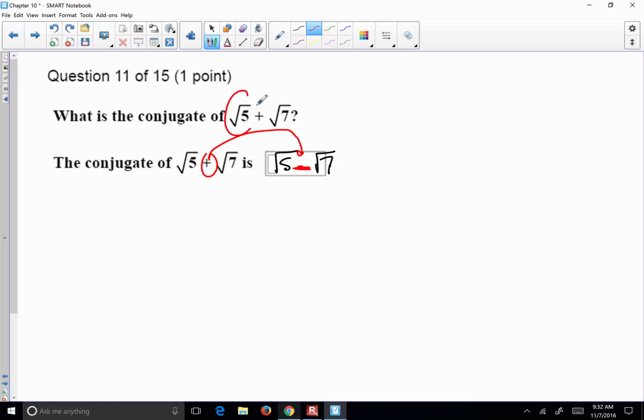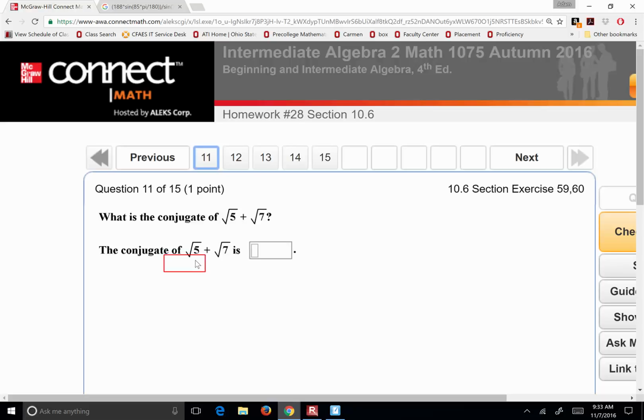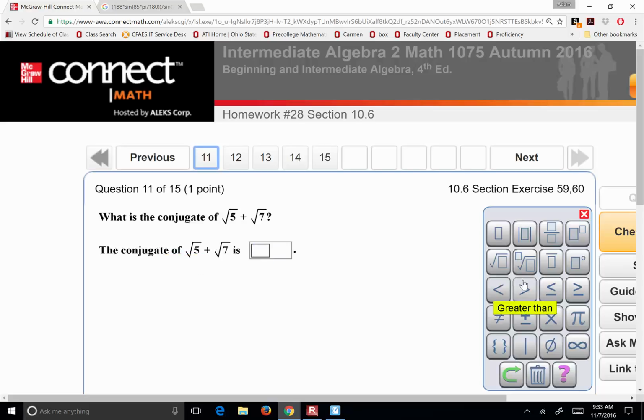As long as you have two terms, 1 and 2, when they ask conjugate, I repeat them with the opposite sign. Okay?